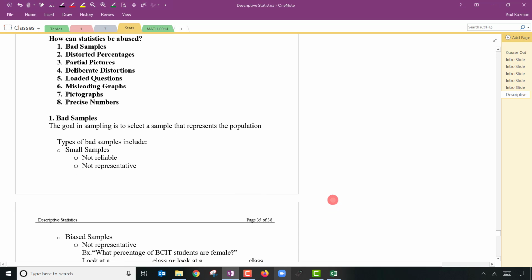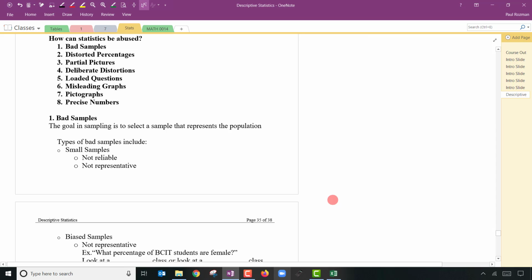The number one abuse of statistics is a bad sample. Oftentimes samples are just too small. They don't represent the population. We jump to conclusions based on a small set of data. And this happens because it's expensive to get good data. It's hard to conduct studies. It's hard to get people to participate in studies.